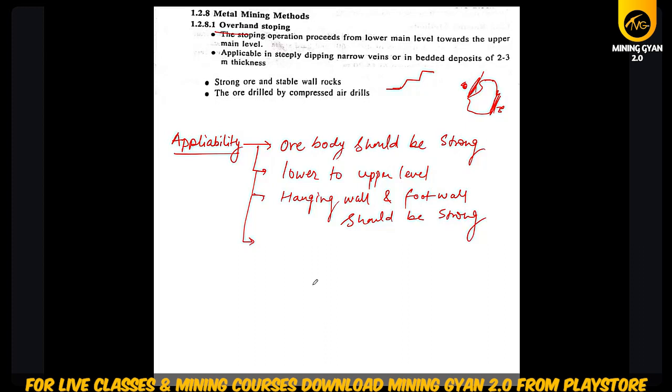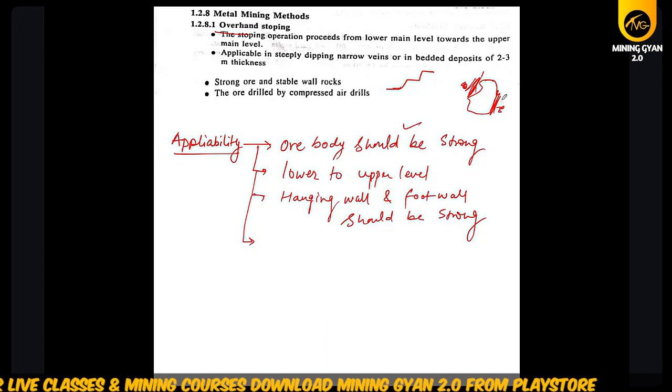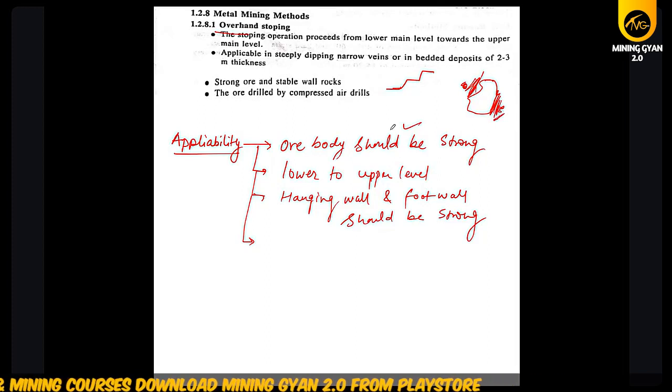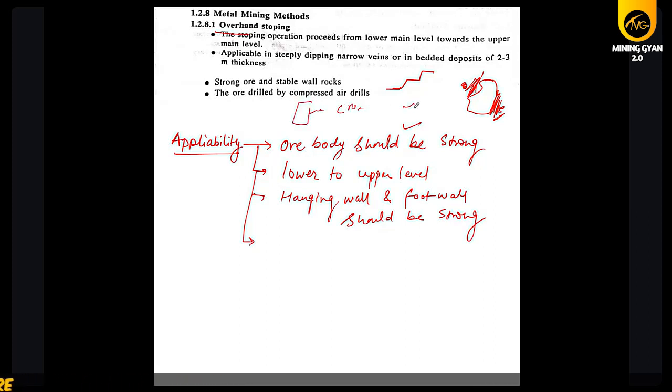So, applicability. The ore should be strong, and the overlying and below strata should be strong. I am discussing this because in this chapter there are various terminologies like crown pillar, sill pillar, rib pillar, hanging wall, foot wall, and cross cuts.